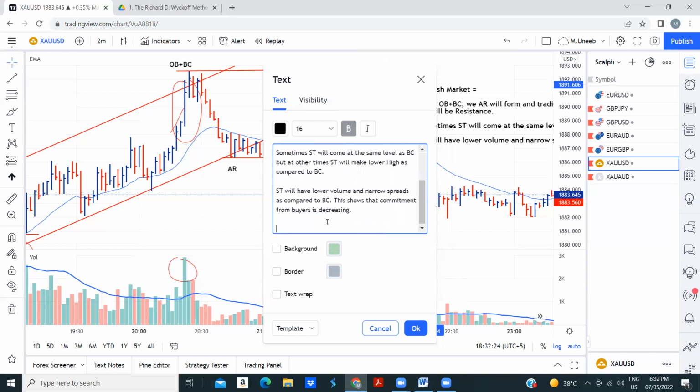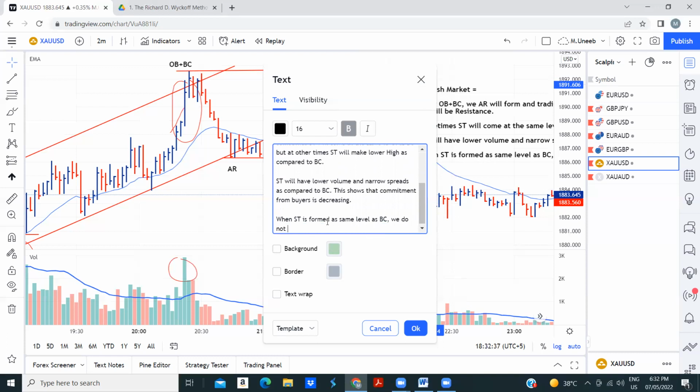The next point you have to remember: when secondary test is formed at the same level as BC, buying climax, we do not need to draw a secondary resistance line.